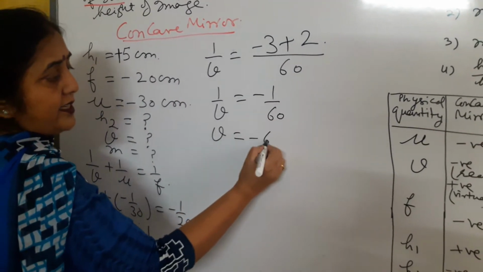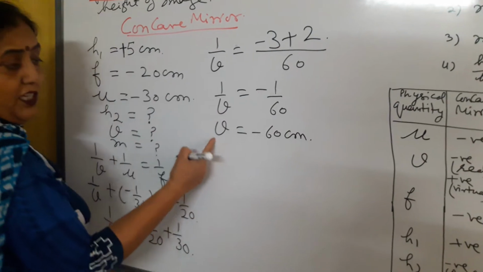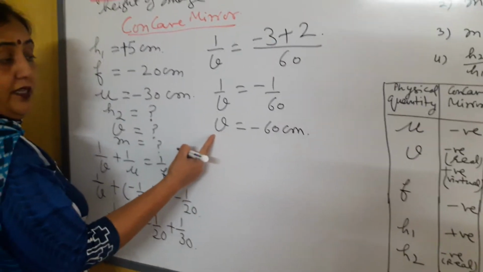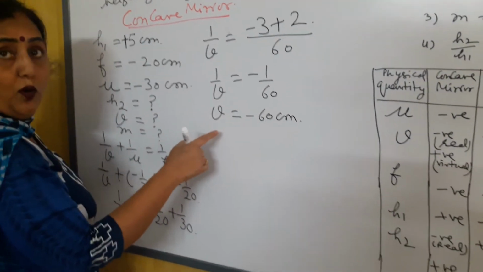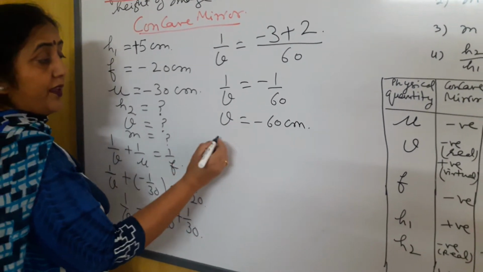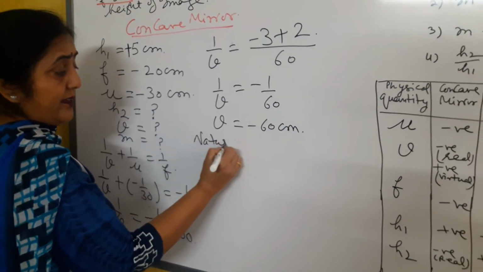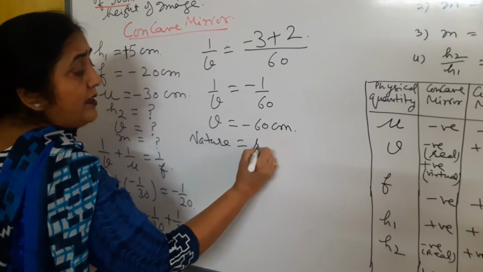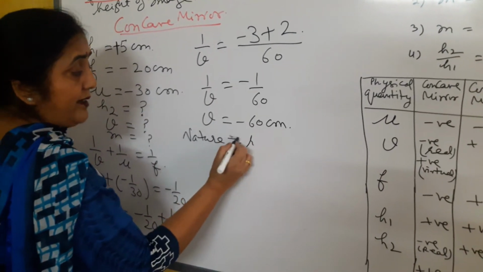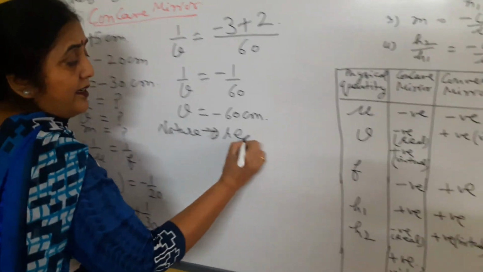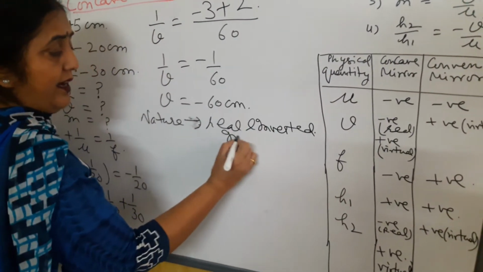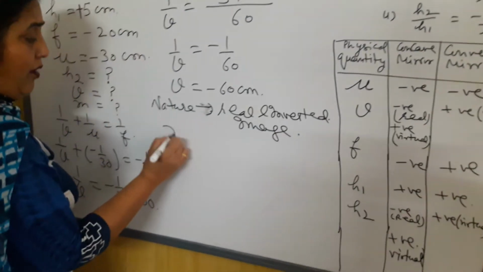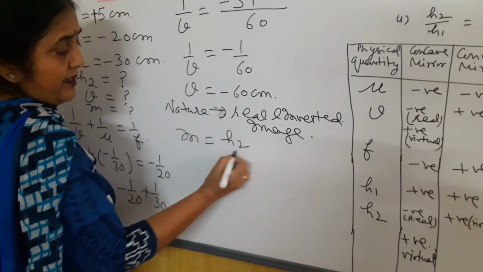Reciprocate it, it is minus 60. So position of image is formed 60 centimeter on left hand side from the pole of the mirror. So what is nature? Because it is formed on left hand side, it is real and inverted. Real and inverted image.